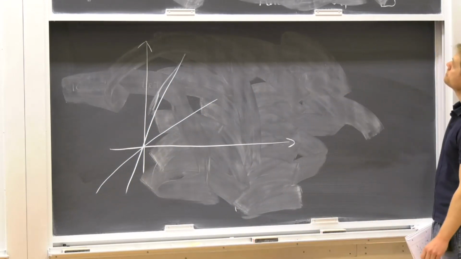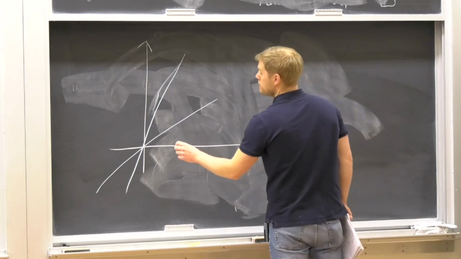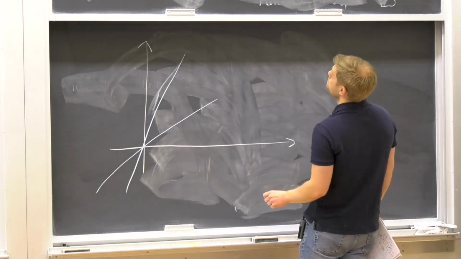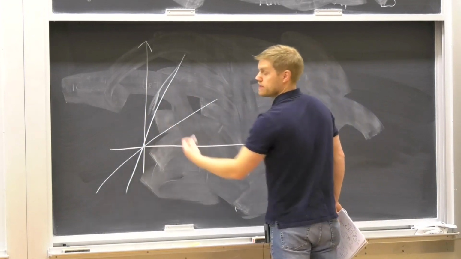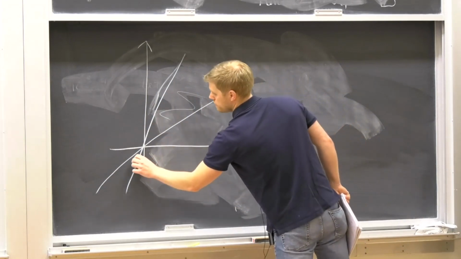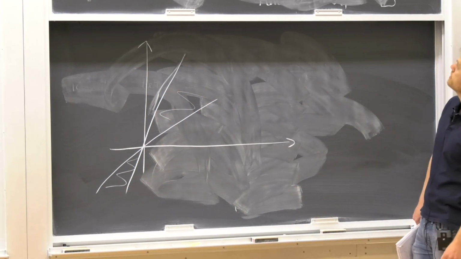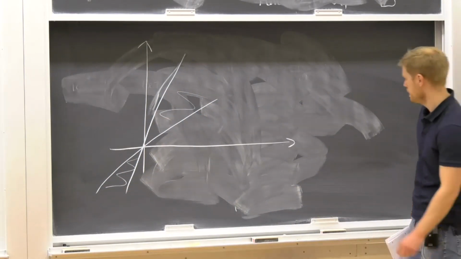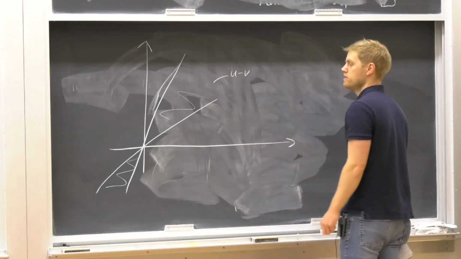And so what this means is that there is nothing, you do not have anywhere two points where the difference lies in this double cone. So this one here does not contain anything as u minus v.